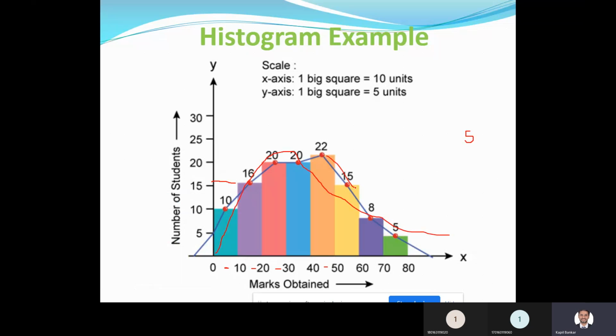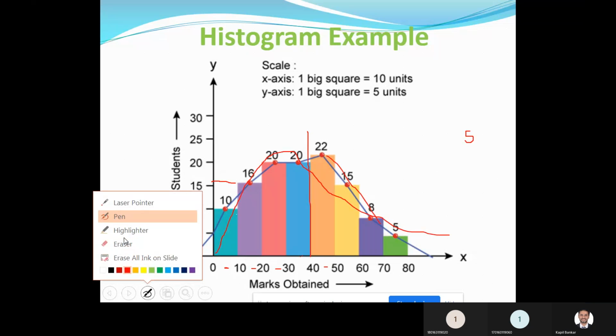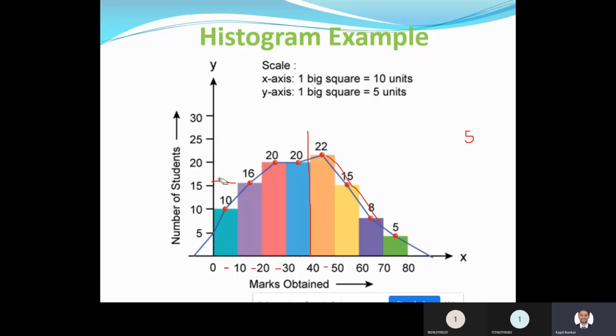If the 30 to 40 range at the center had the maximum marks, then it may be normally distributed.